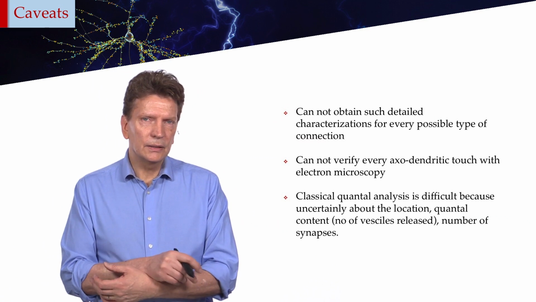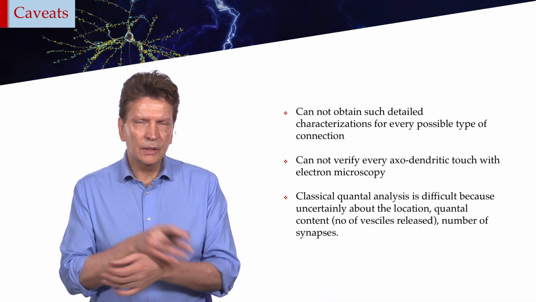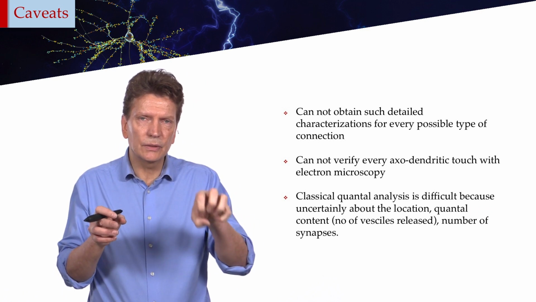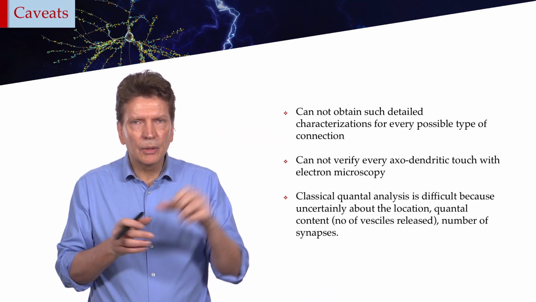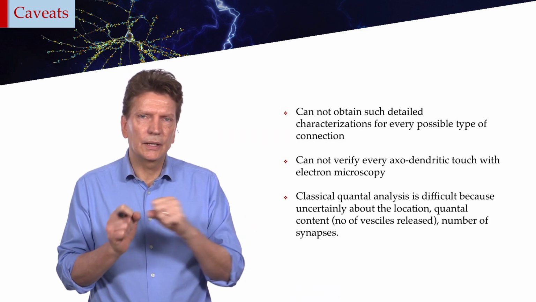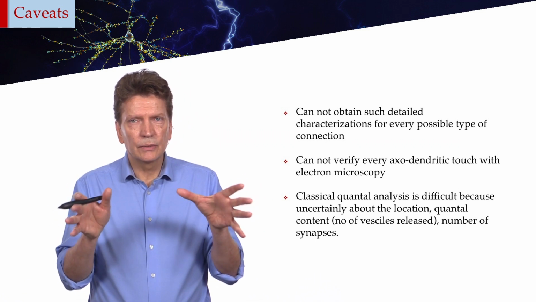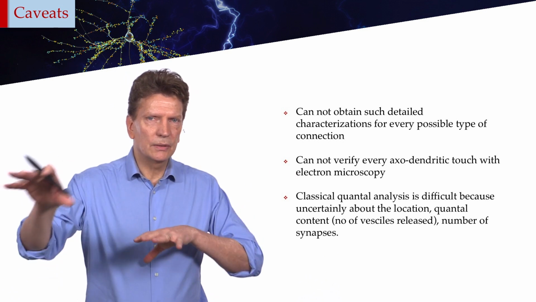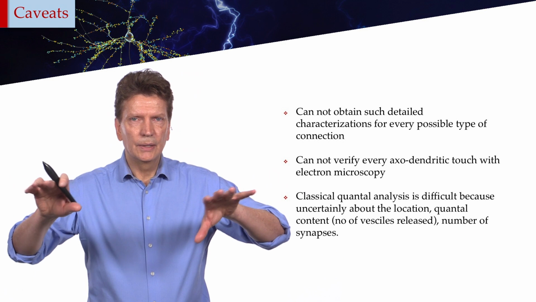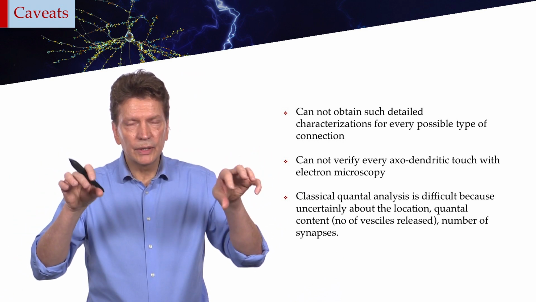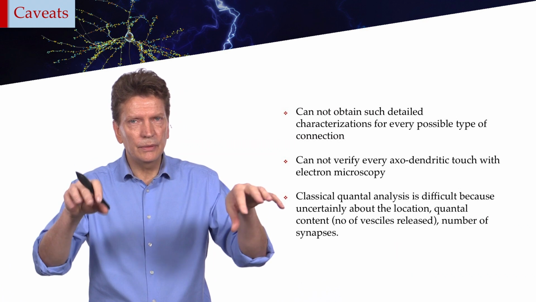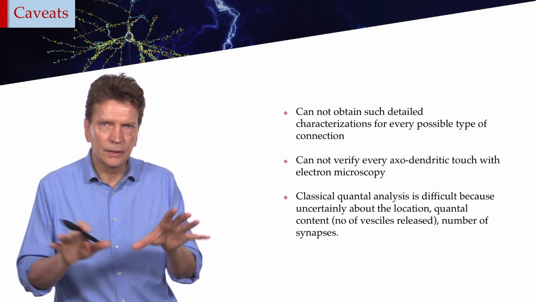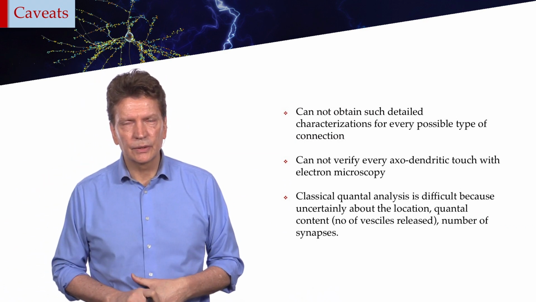And then the last caveat is that classical quantal analysis, where you can peel out the effect of an individual synaptic vesicle or an individual synapse, the probability that it's releasing, the size that it's releasing, and how the whole connection works, is quite difficult because of the uncertainty about the locations. The locations are distributed. The number of vesicles that are released may be 1 or 2 or 3, and then you may have many synapses. So these things make quantal analysis more difficult in the central nervous system, but it's not impossible.